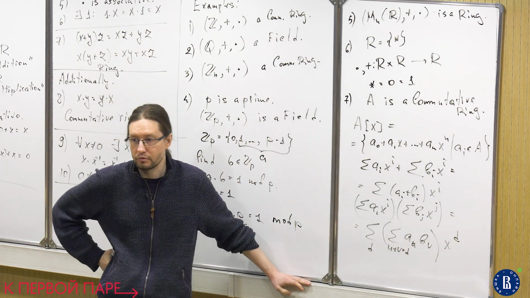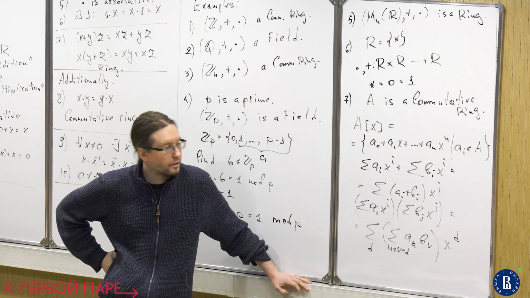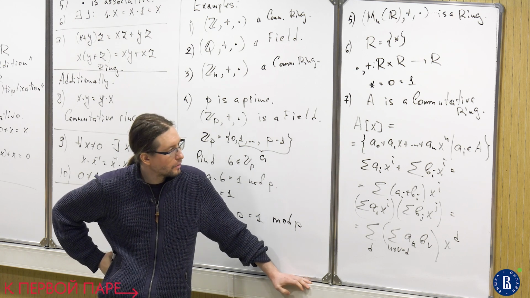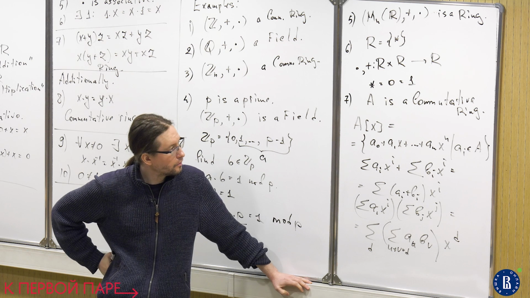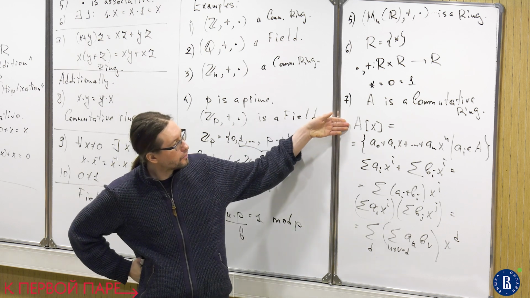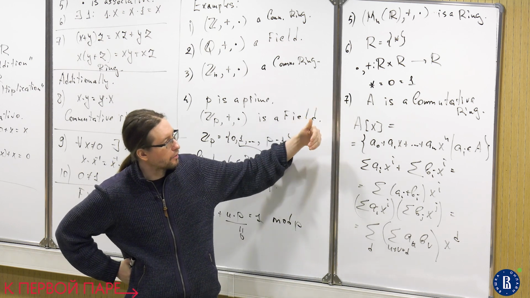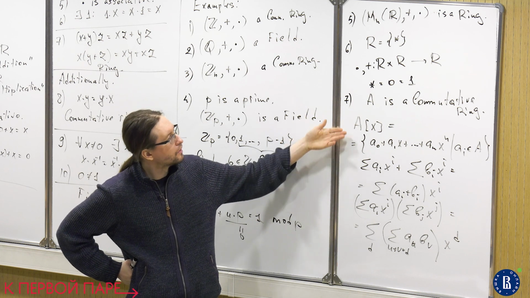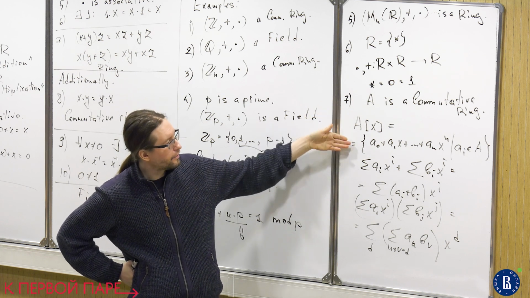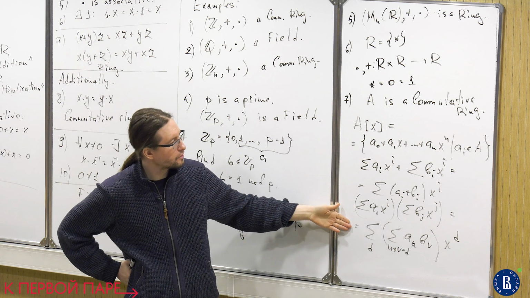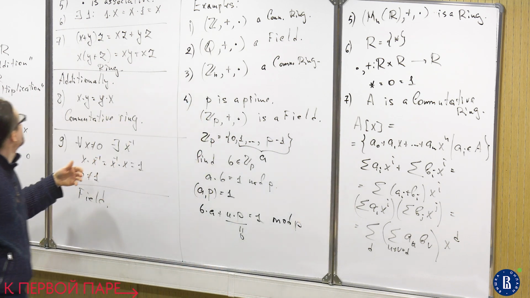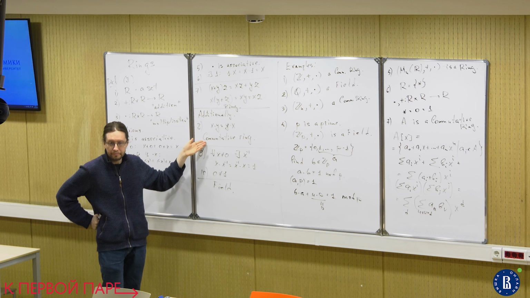These are just formal rules. Then this set is called the set of polynomials in one variable with coefficients in A. And then this set with these two operations becomes a commutative ring.